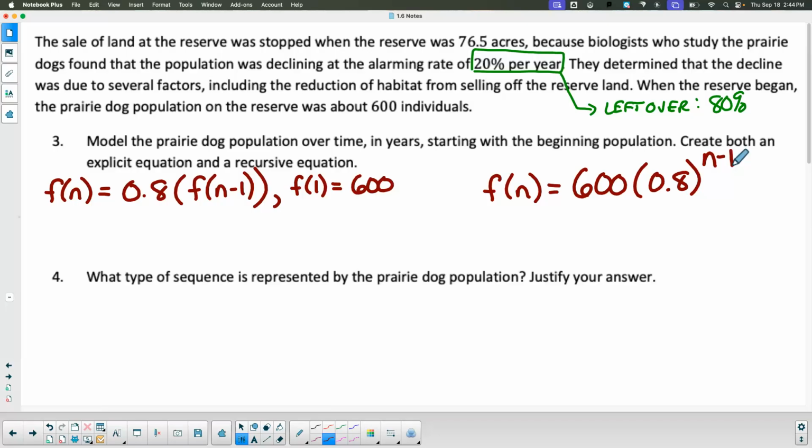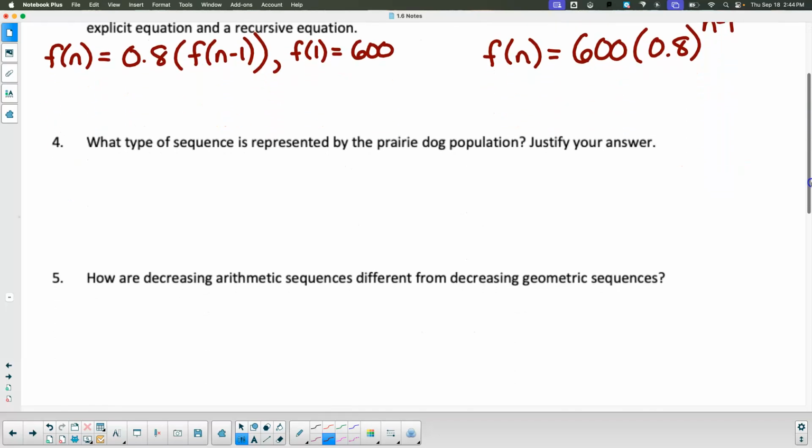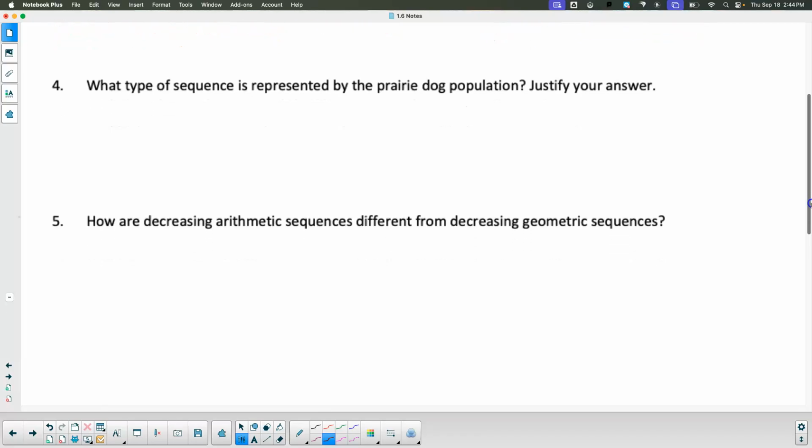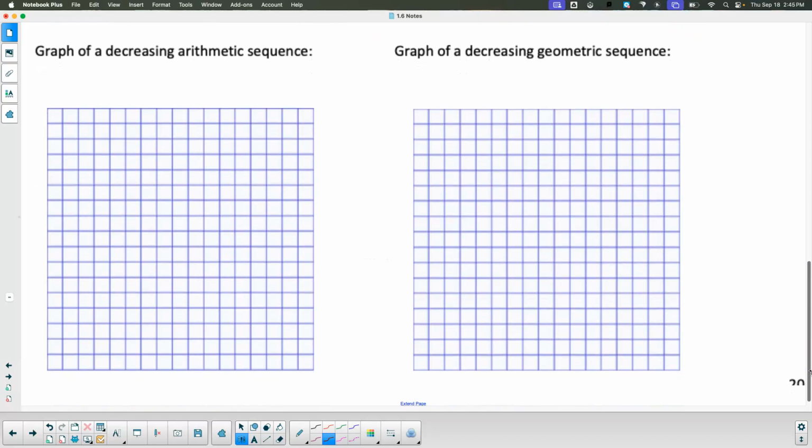With me? Now you have a question number 5 at the bottom of that page, and it says, how are decreasing sequences different from arithmetics and geometrics? Well, let's talk about it in terms of a graph, because we're going to show it with the graph. A decreasing arithmetic sequence looks like this.